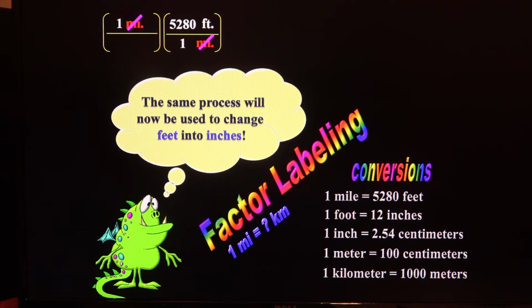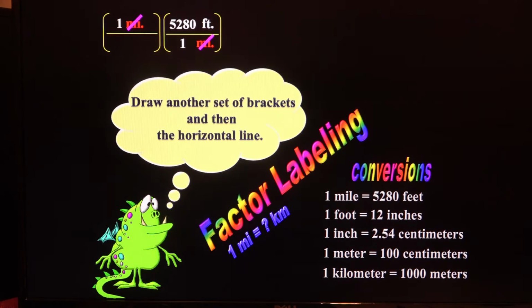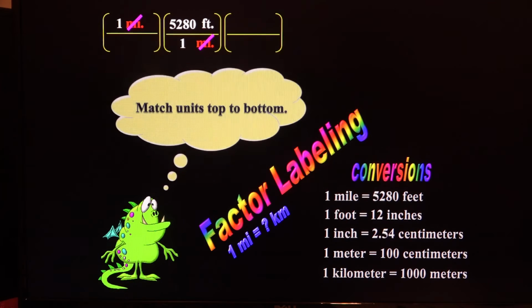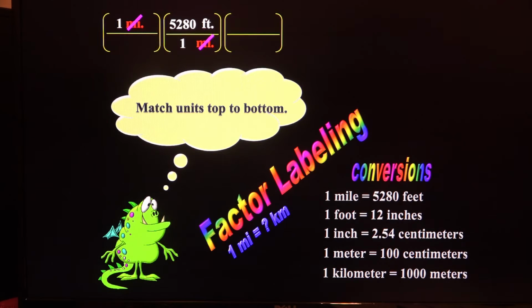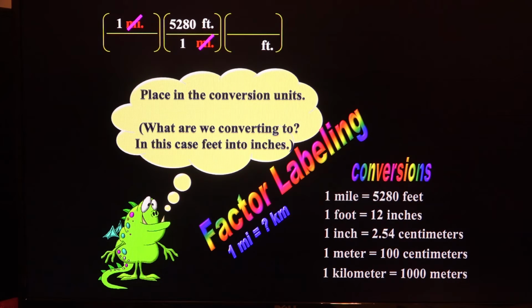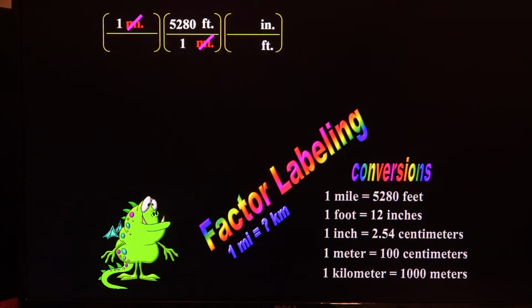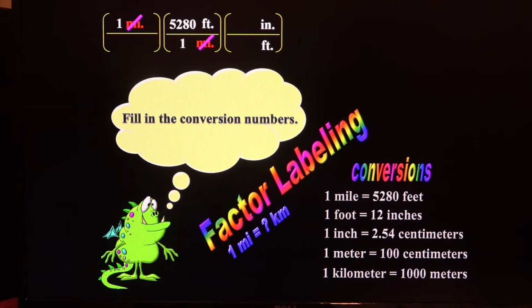The same process will now be used to change feet into inches. Draw another set of brackets and then a horizontal line. Match units top to bottom. Place in the conversion units. What are we converting to? We're converting from feet into inches.